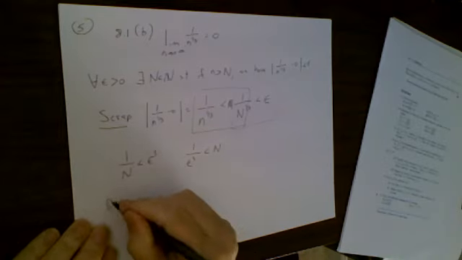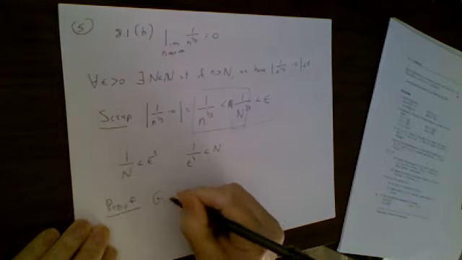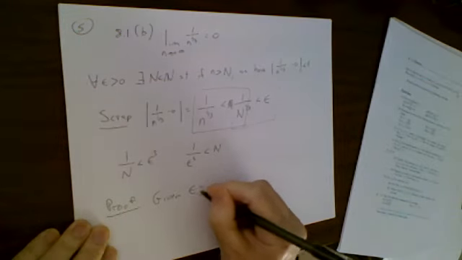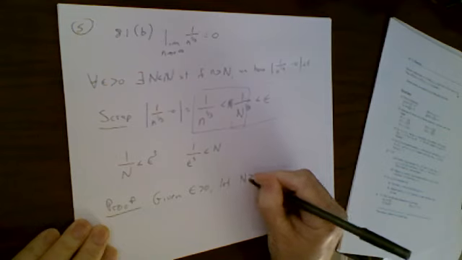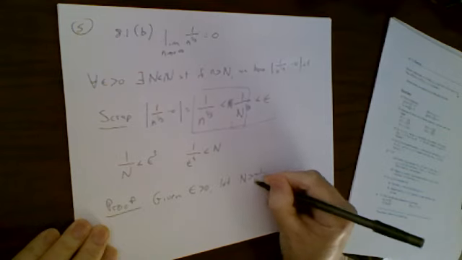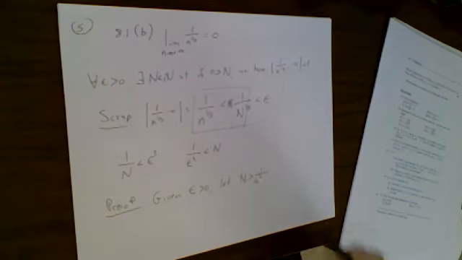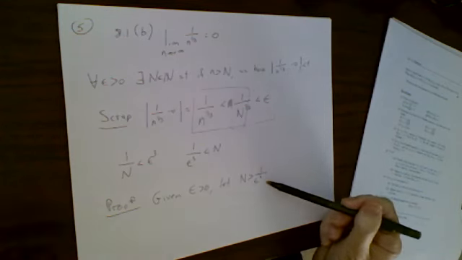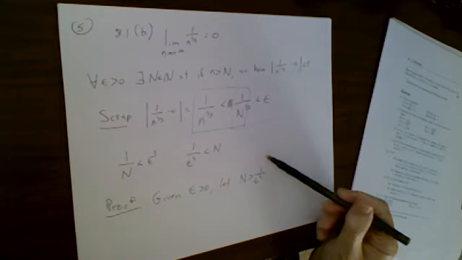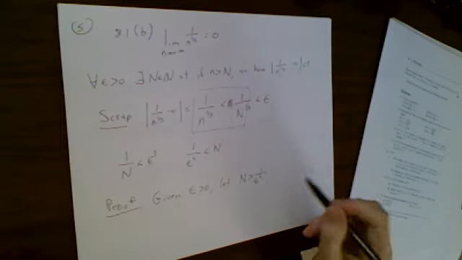So if you wanted more of a proof, you would say, given epsilon greater than 0, let capital N be bigger than 1 over epsilon cubed. Again, if epsilon is a small number, 1 over epsilon cubed is going to be a really big number.